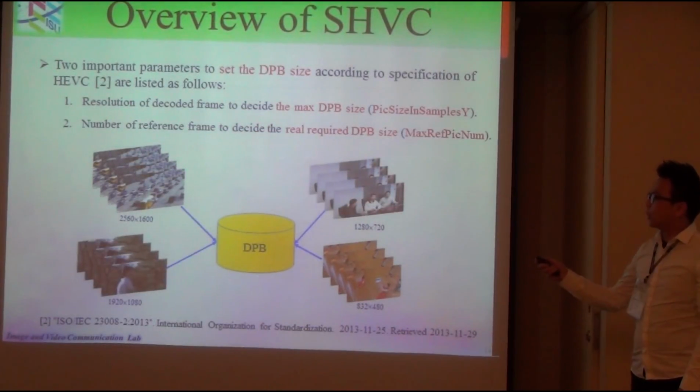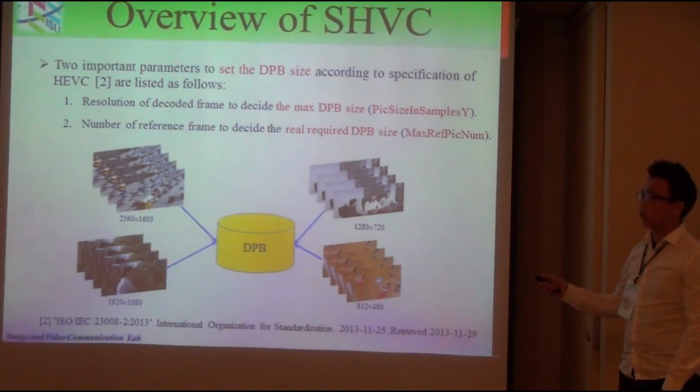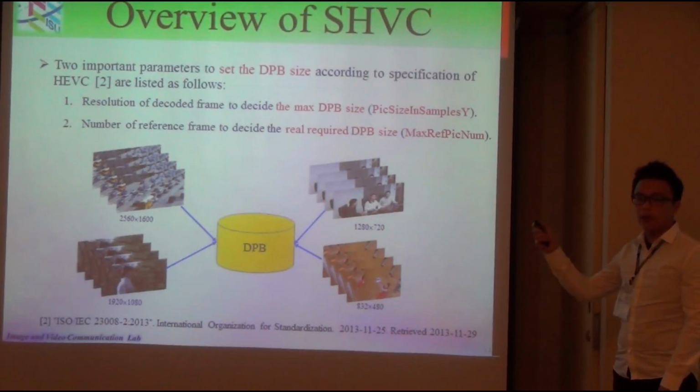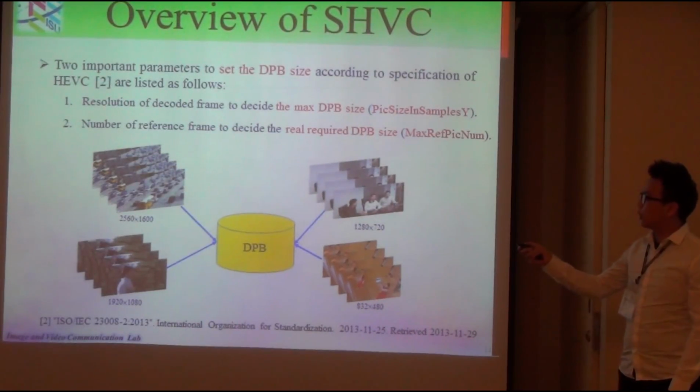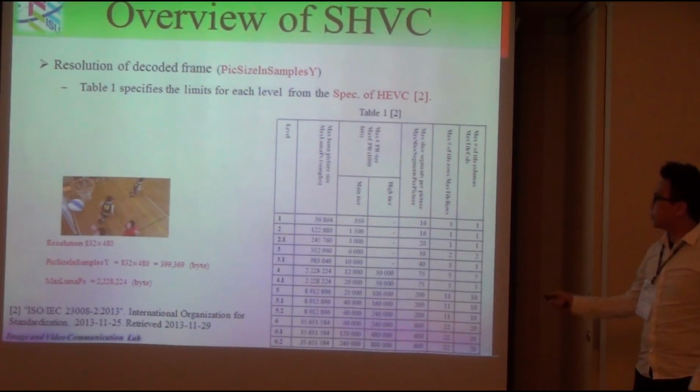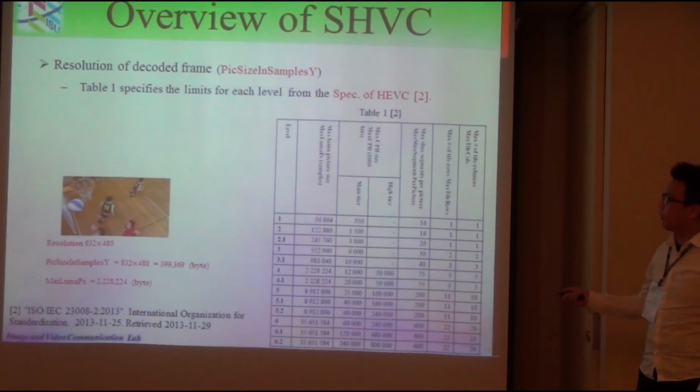Two important parameters to set the DPB size according to the specification of HEVC are listed as follows. First, resolution of decoded frame to decide the max DPB size. Table 1 specifies the limit for each level from the spec of HEVC.